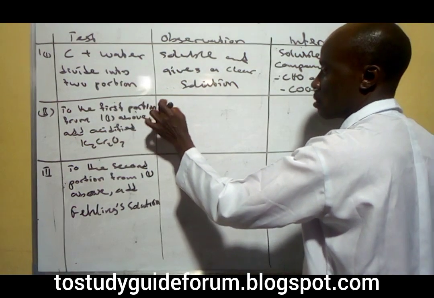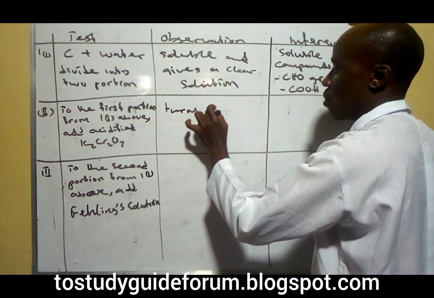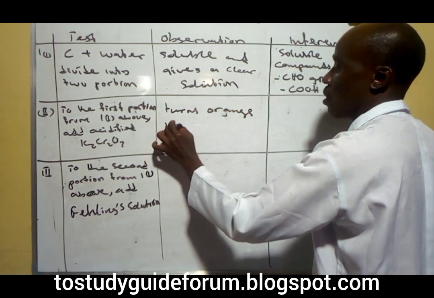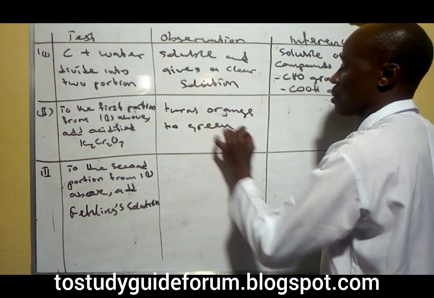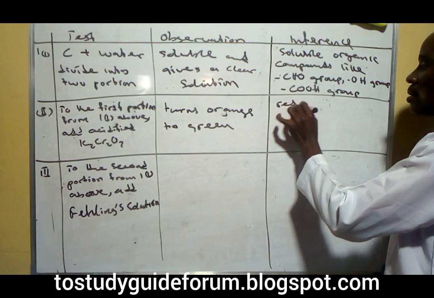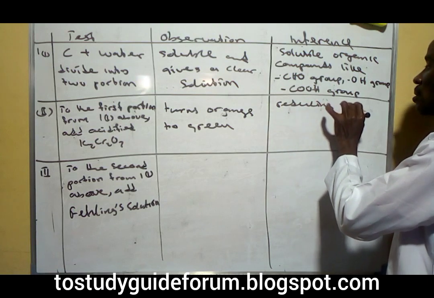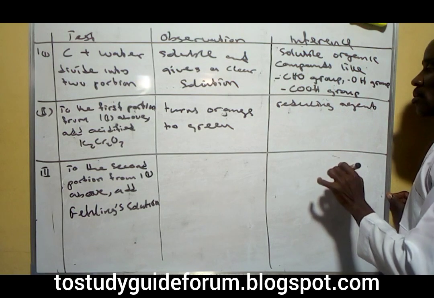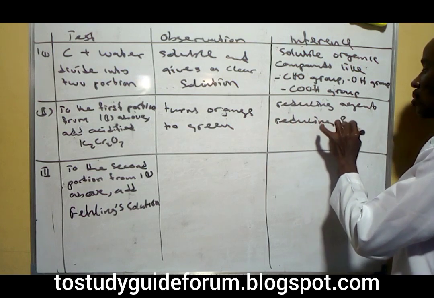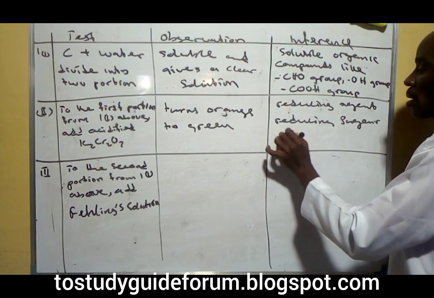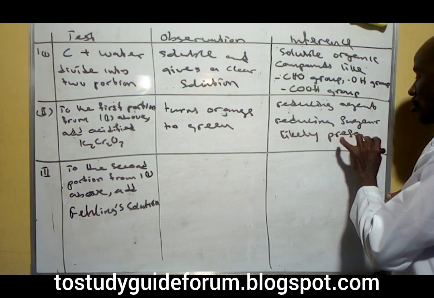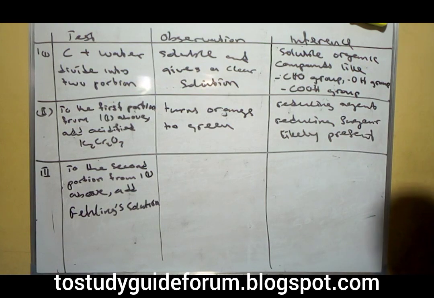It turns from orange to green, which means what we have here is a reducing agent, which means reducing sugar is likely present.